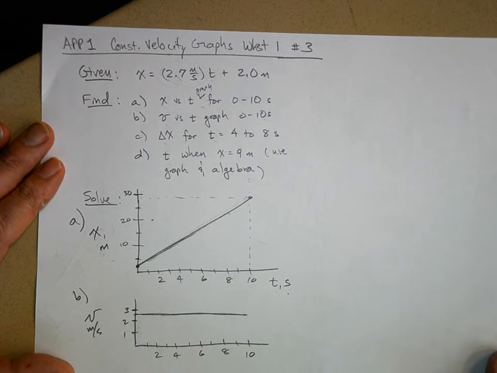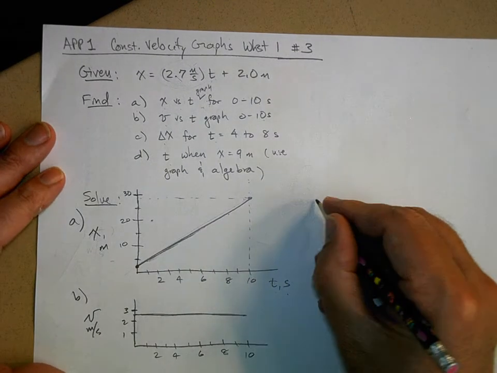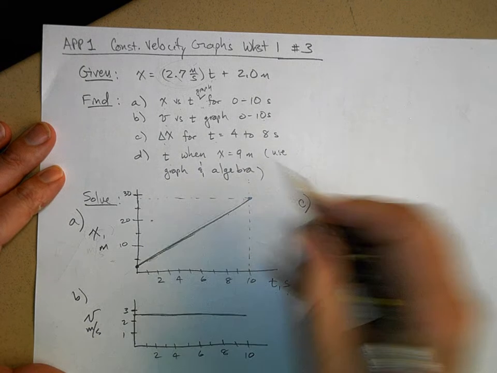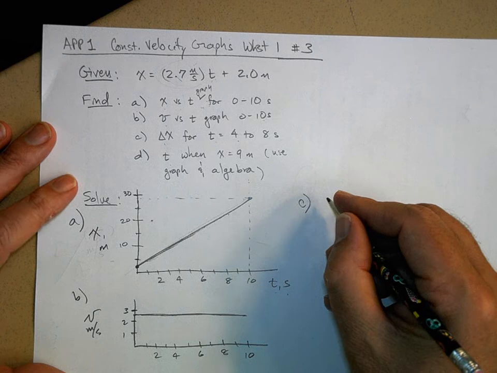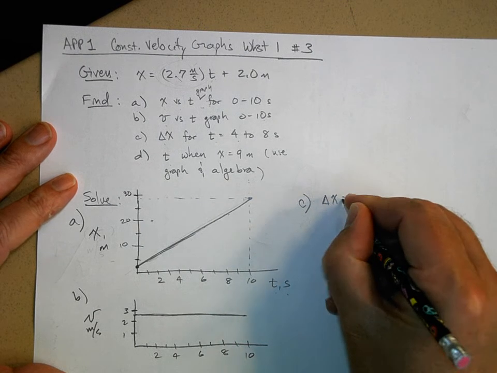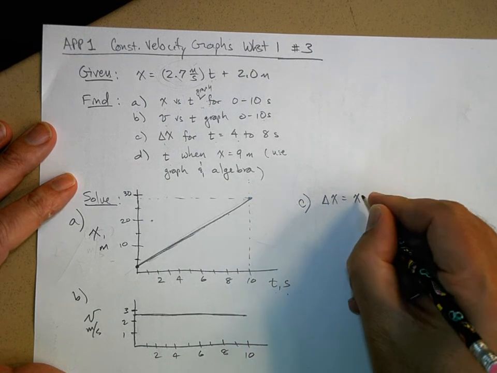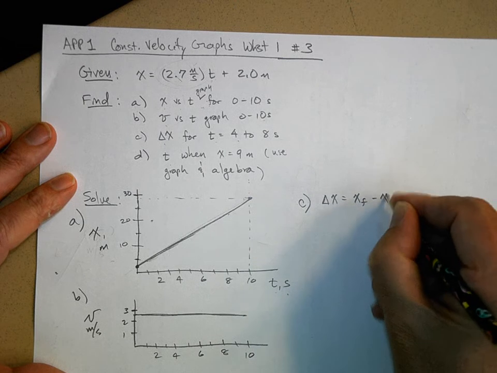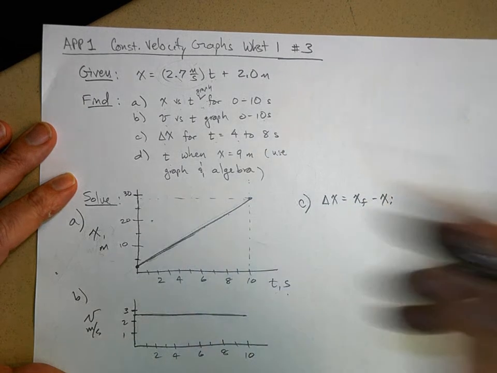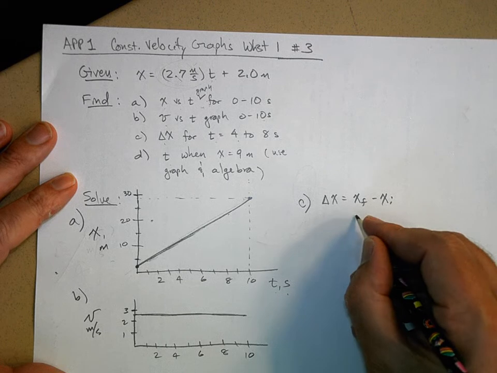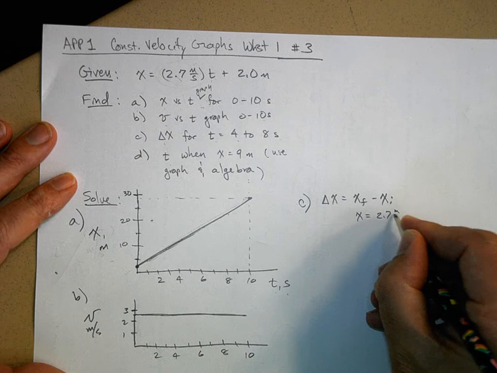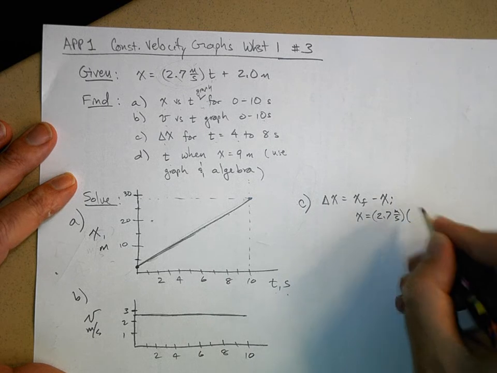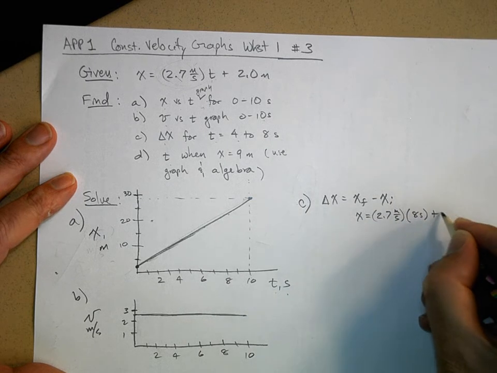Now part C, delta x for t equals 4 to 8 seconds. Delta x equals the final minus the initial. The final is at 8 seconds, so x equals 2.7 meters per second times 8 seconds plus 2 meters.